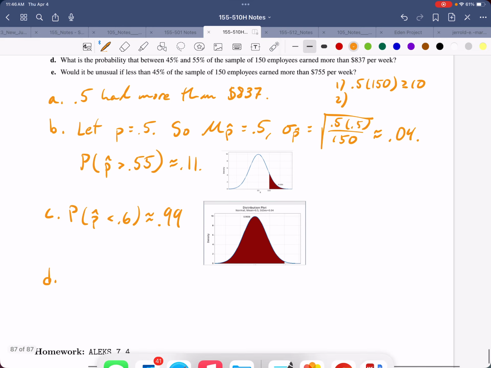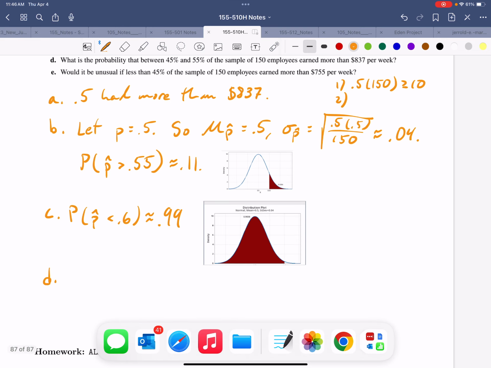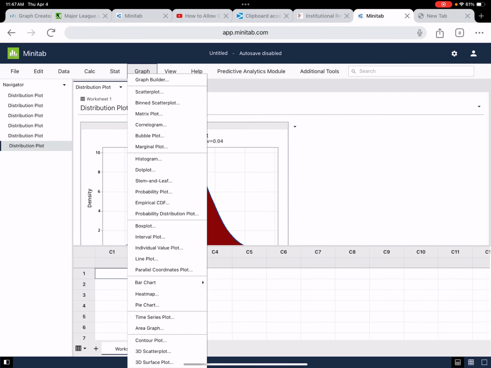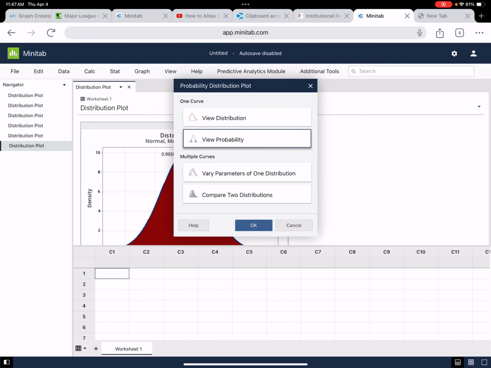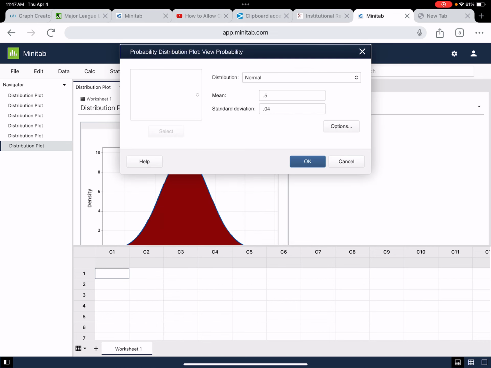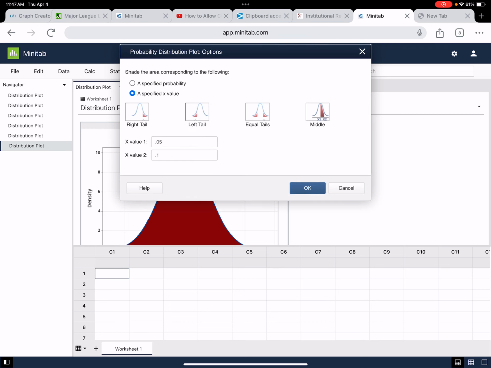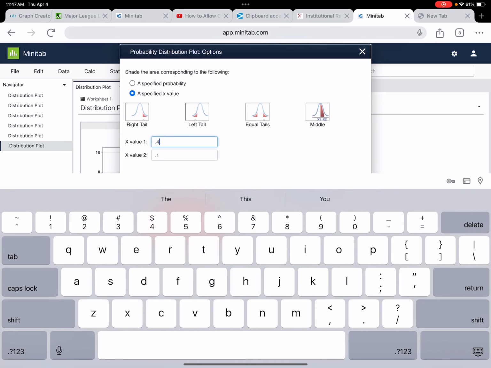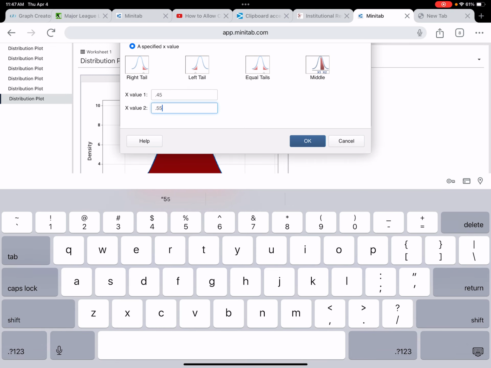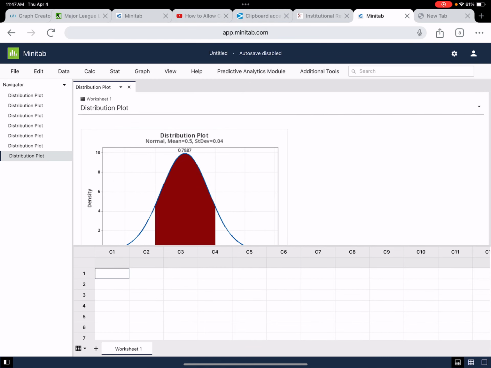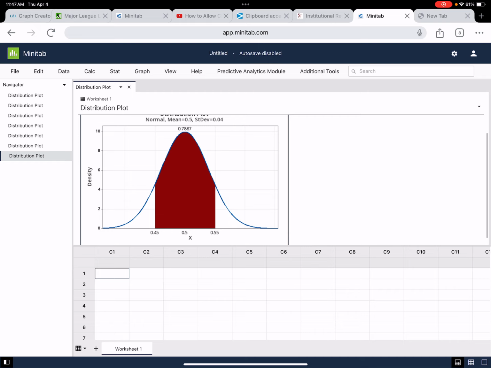Okay? The probability that we're between 45 and 55%. Again, we're just sort of here. Graph here. We're there, 45 and 55. Pretty likely.